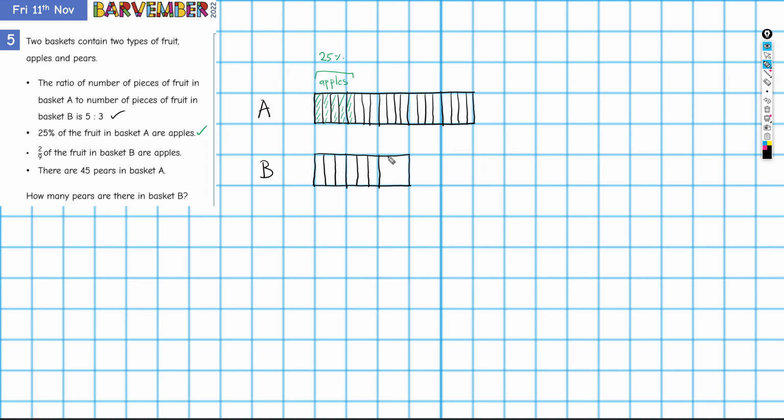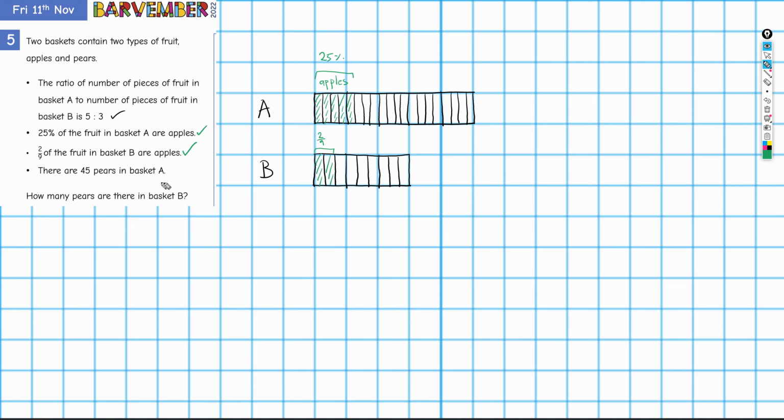So I then end up with 9 parts in the whole model. And we're told 2/9 of the fruit are apples. Right, there we go. That's the 2/9 that we're told about. Okay, so I've dealt with that piece of information.